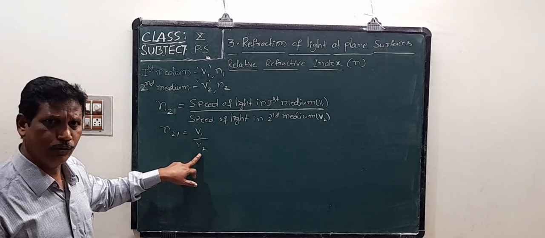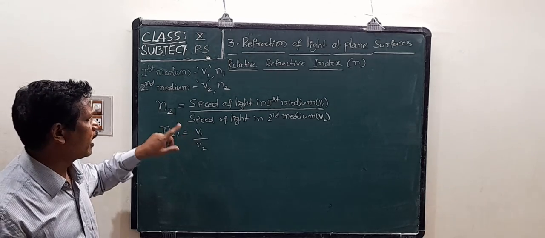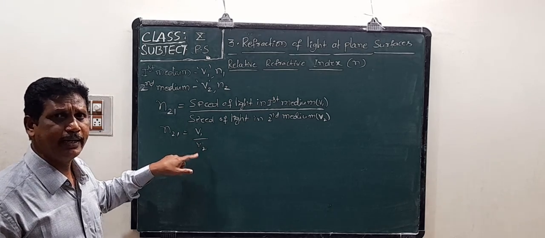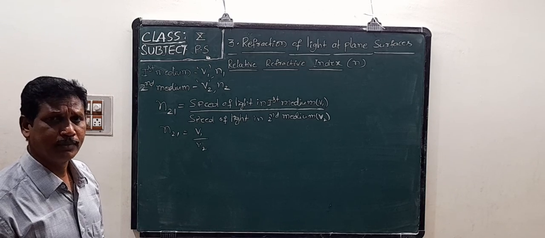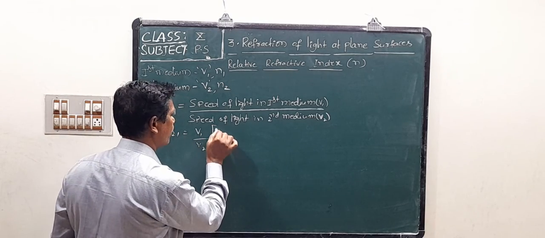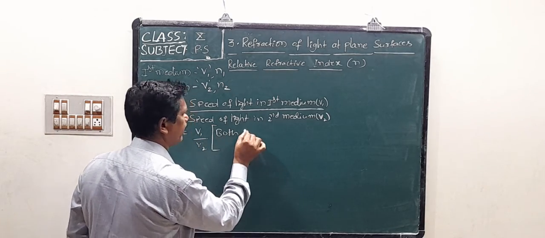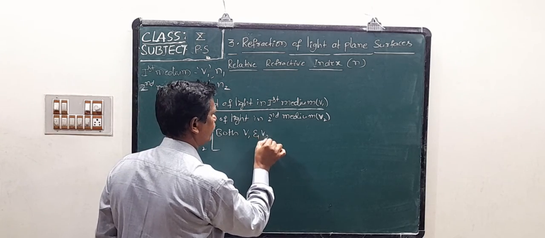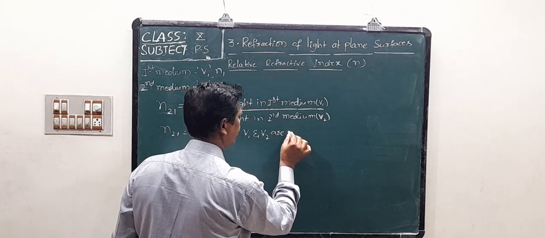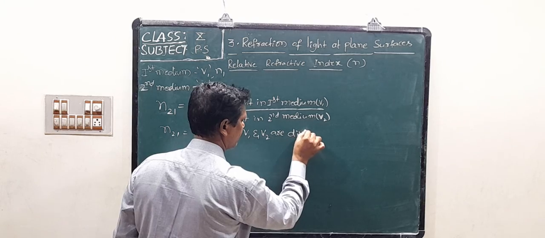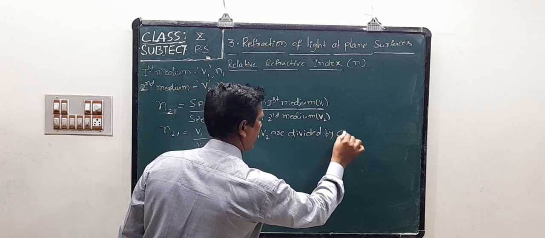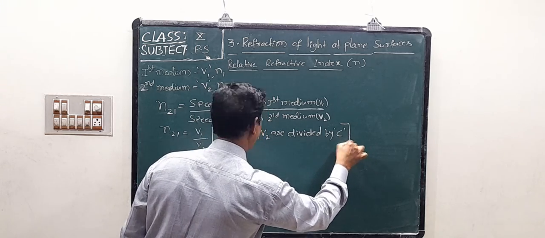Here the numerator and denominator are both divided by c, the speed of light in vacuum.